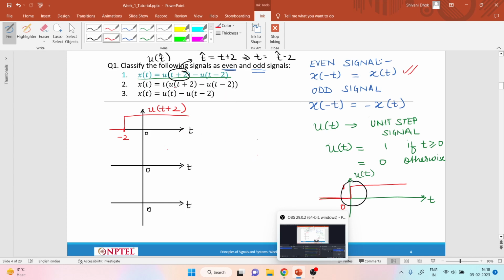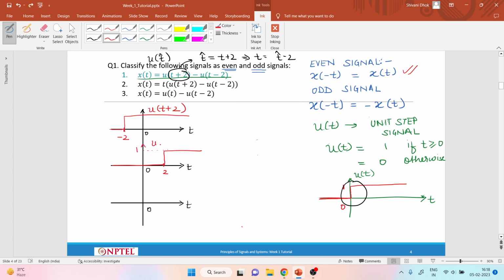Again, if we consider this t minus 2 as t hat, then we can see that whatever was present at t equal to 0 will now be shifted to t equal to 2. So this u of t minus 2 is basically a shifted version of your unit step by 2, but now rightwards. Till t equal to 2, this signal will be 0, and then it will be 1. So this value will be 1 here. But what is our x of t?